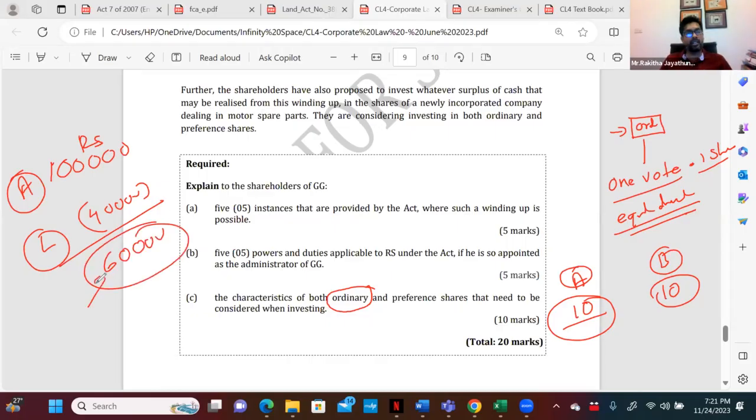Who's entitled to this 60,000? Ordinary shareholders of the company. So when you wind up a company, ordinary shareholders have unrestricted participation in the balance remaining funds of the company.